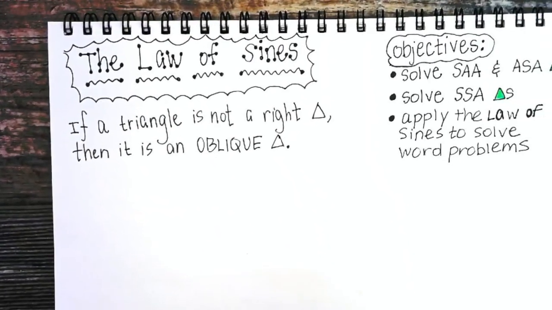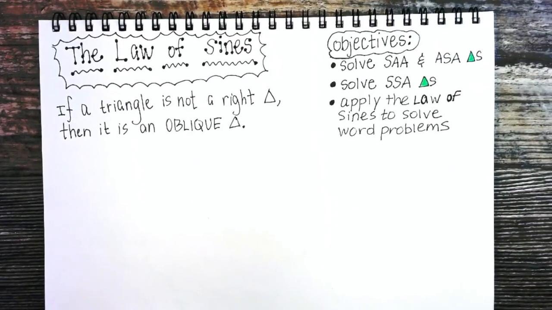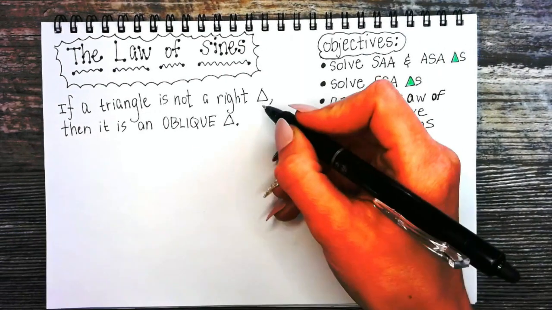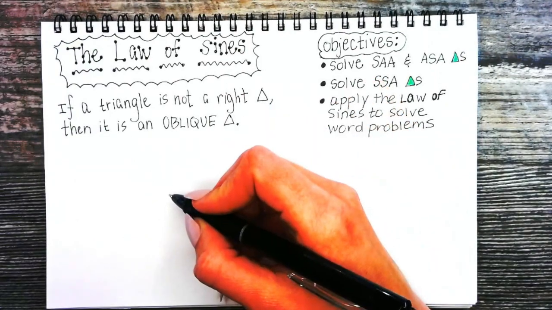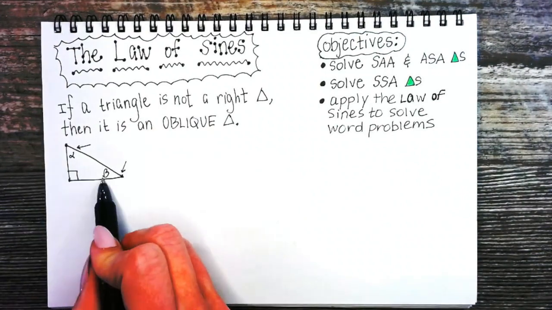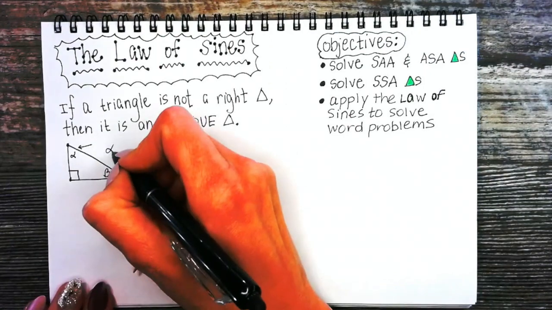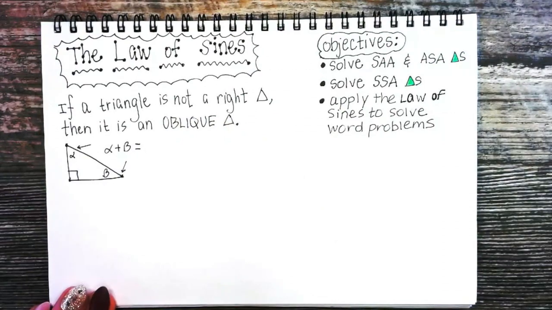What can we say about the angles in an oblique triangle? What can we say about the angles in a right triangle? If you have a right triangle, one of the angles is 90 degrees. The other two angles must be what kind of angles? When we have a right triangle and the other two angles, alpha and beta, are unknown, we could at least say that we know alpha and beta are complementary angles.